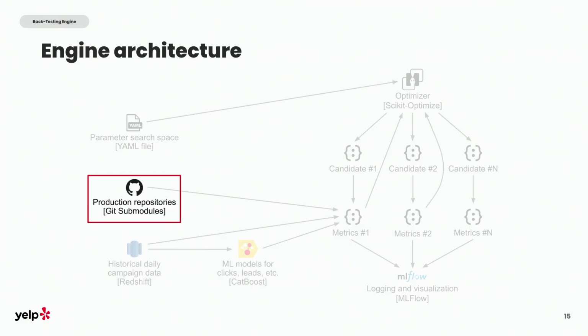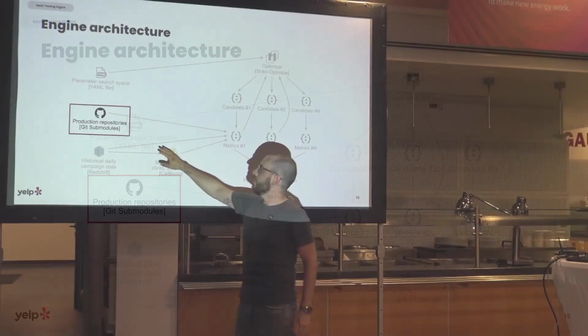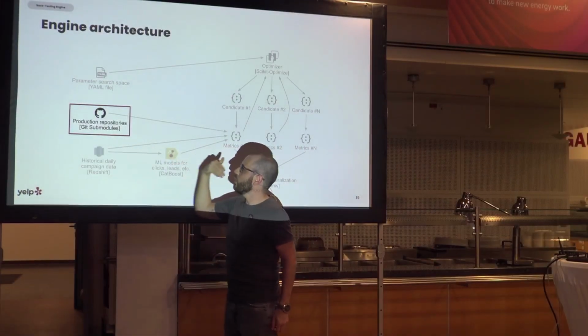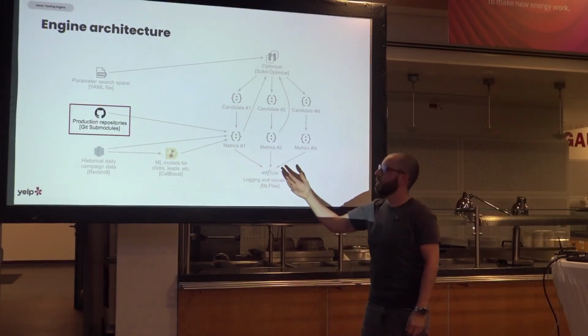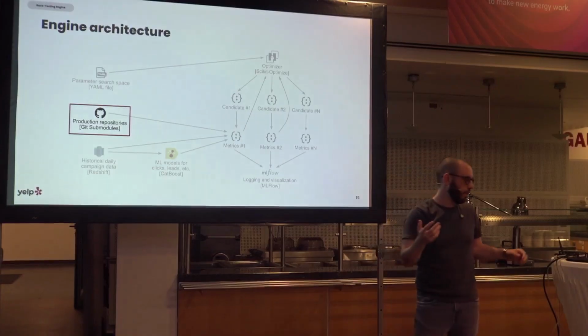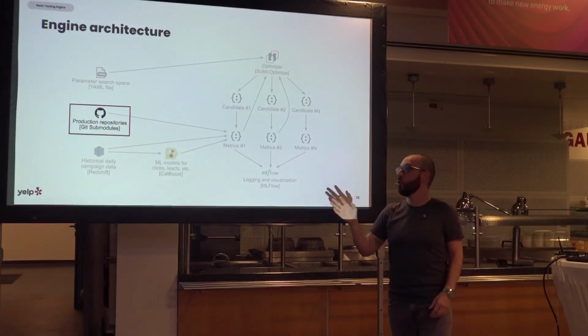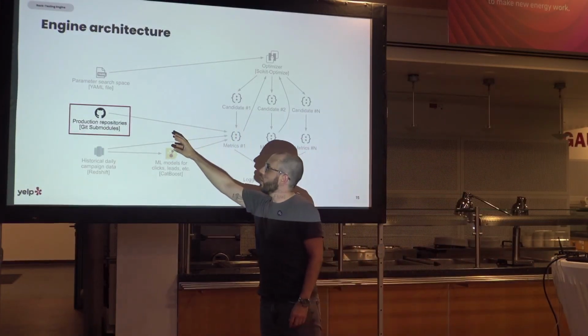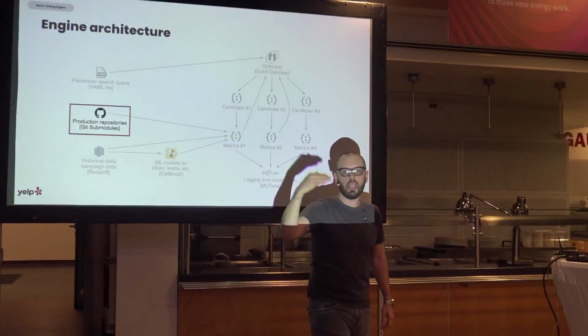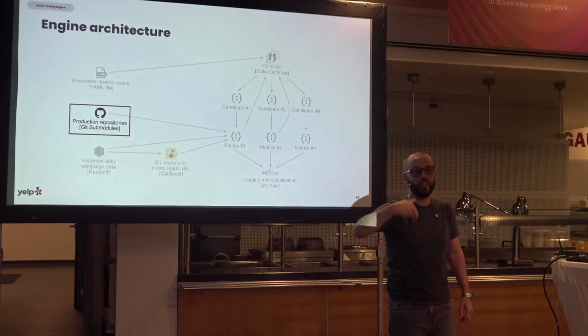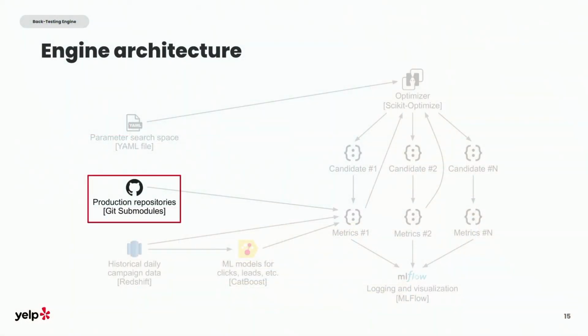So when we want to simulate a new algorithm, all we have to do is go on the production repository, open a new branch, develop the change we want to test, and directly simulate it inside the backtesting engine.